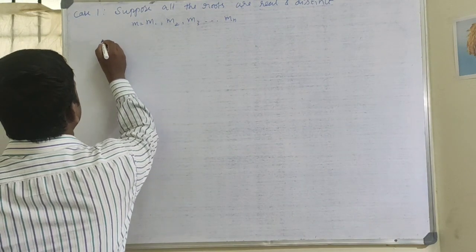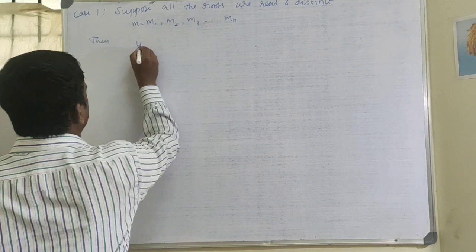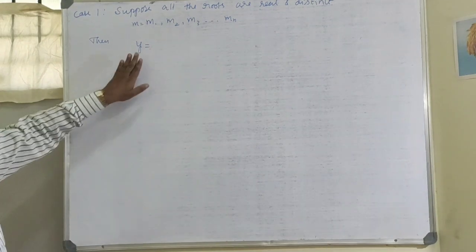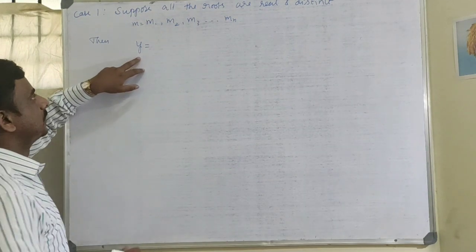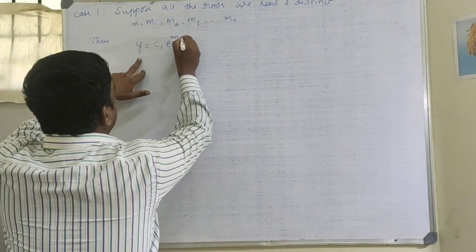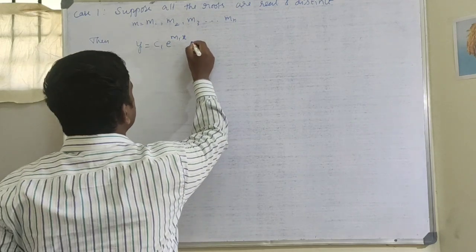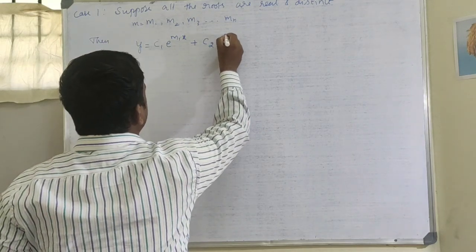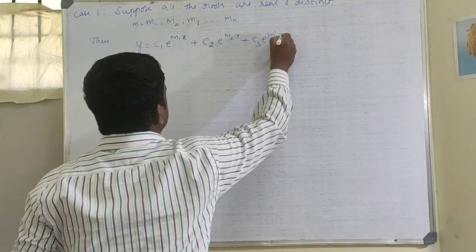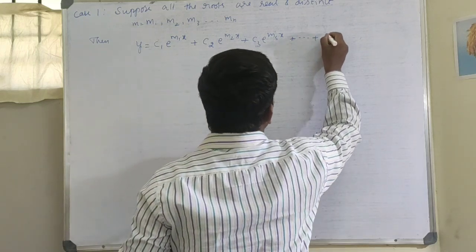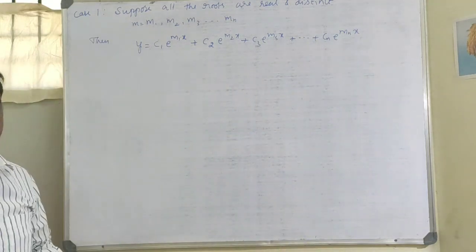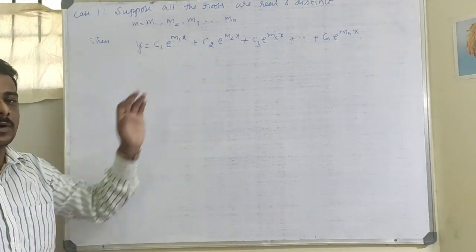Then the solution will be y equal to, with the dependent variable that occurred in the differential equation written on the left hand side, y equal to c1 e^(m1 x) plus c2 e^(m2 x) plus c3 e^(m3 x) plus and so on, cn e^(mn x). That is the way of writing the solution where all the roots are real numbers and are all distinct.